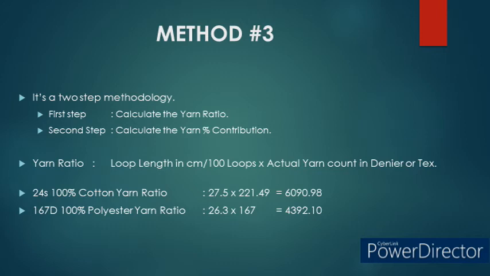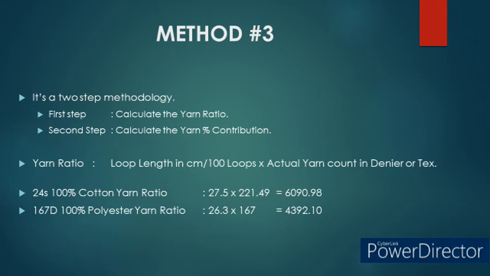Therefore, 24's 100% cotton yarn ratio can be calculated using 27.5, the loop length in the 24's cotton yarn, into 221.49, the denier converted from 24's count, that is 6090.98.